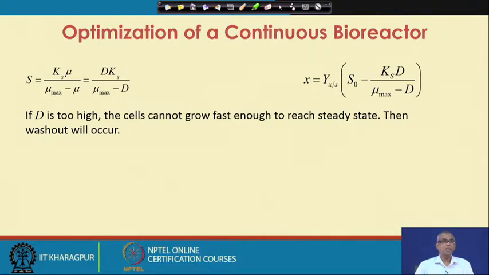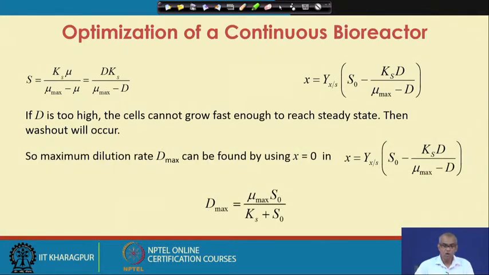This is highly undesirable because in your bioreactor there will not be any biomass or cell mass. It will only be filled with the feed stream that you are entering. So, this happens only when D is very, very high.